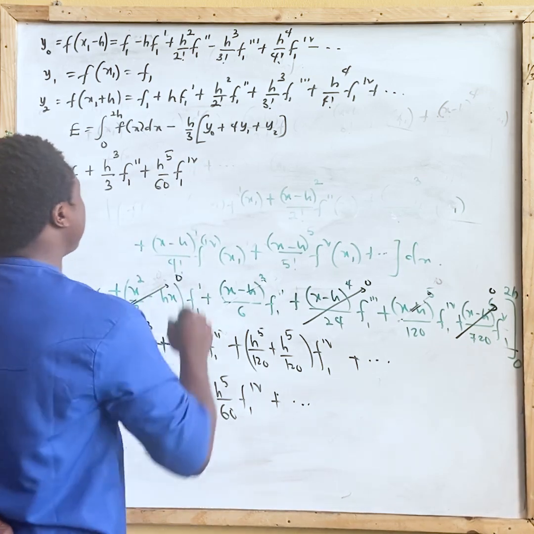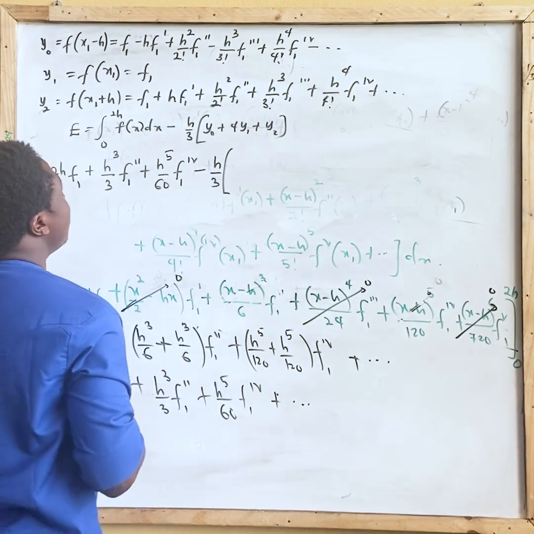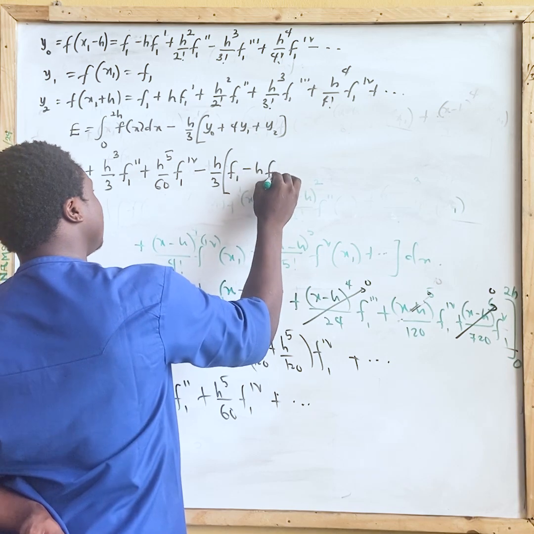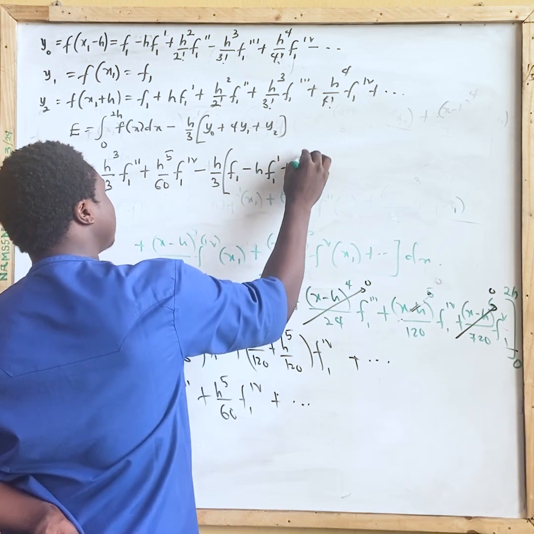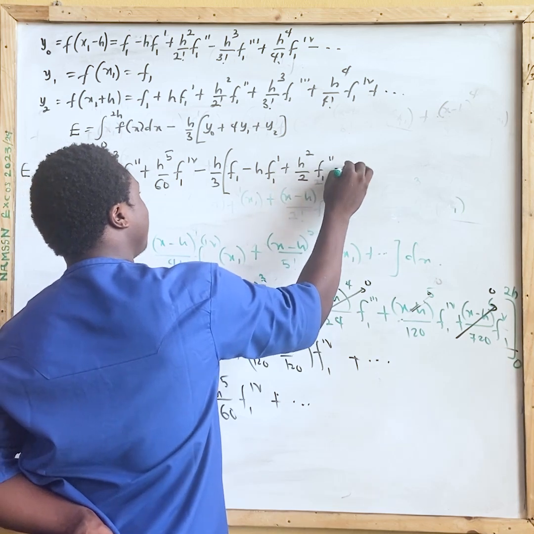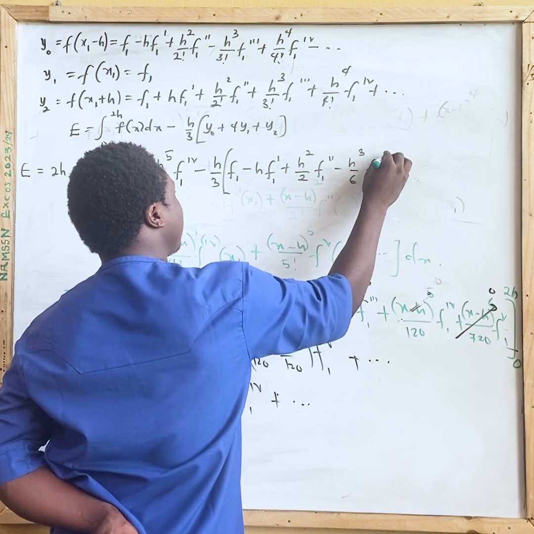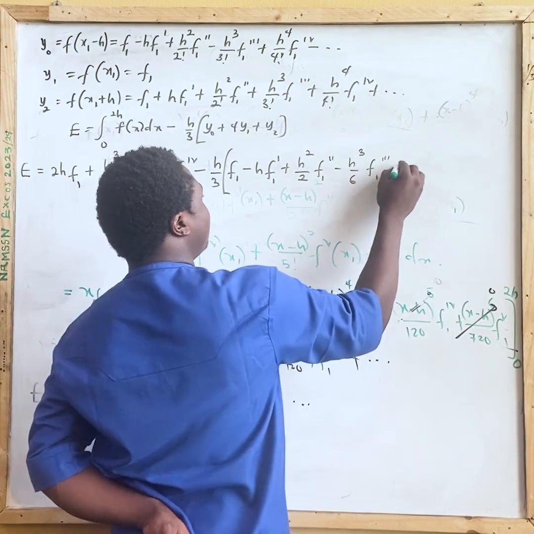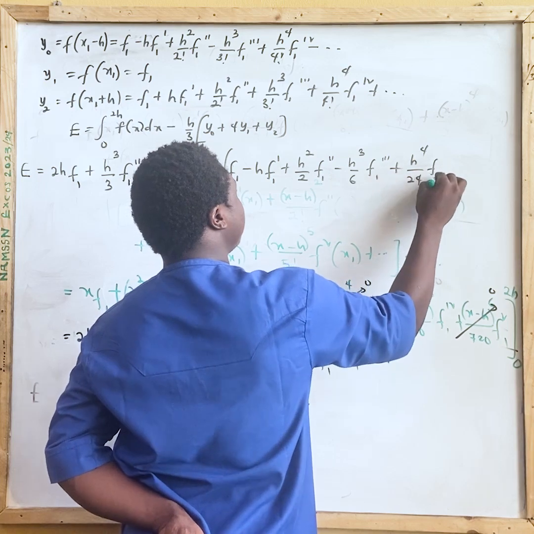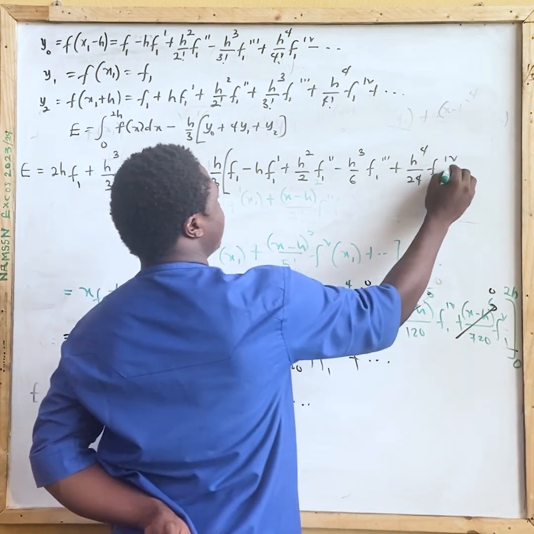Then I have a minus h over 3 into our y0, which is f1 minus h f1 prime plus h square over 2 f1 prime prime minus h cube over 6 f1 prime prime prime plus h4 over 24 f1 IV. Then it continues, dot dot dot.